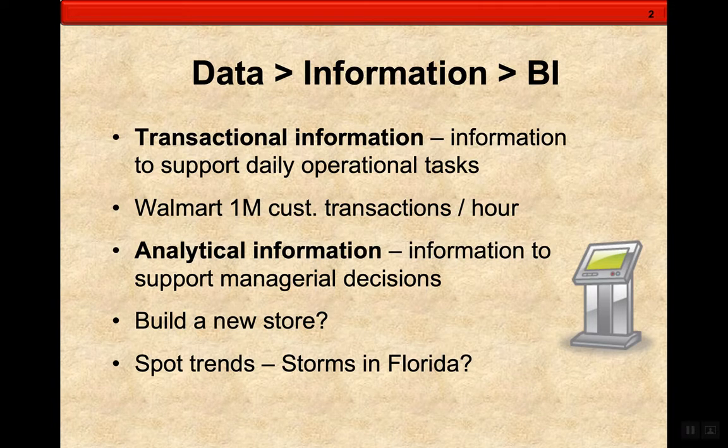All these are different kinds of information that can be derived from analyzing the data generated from transactions. So the decision to build a new store, or the implications of an event such as an incoming storm.